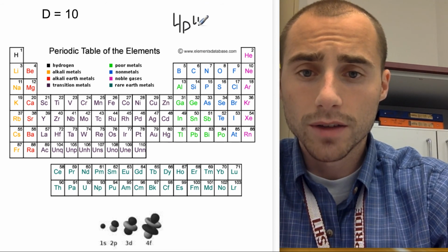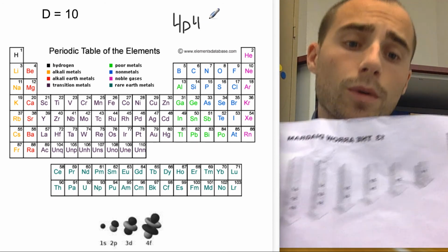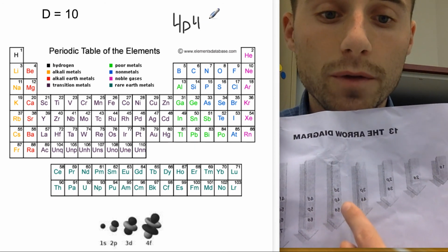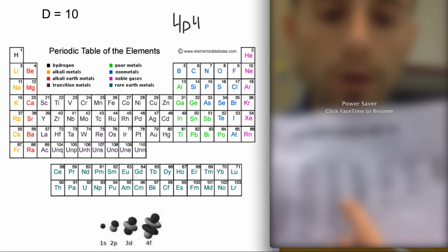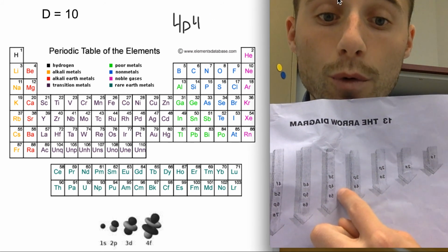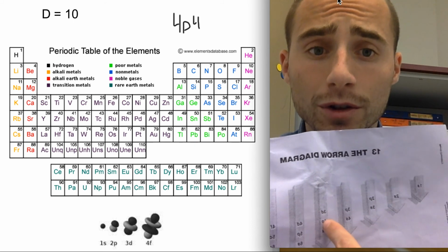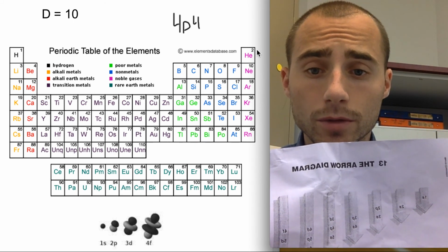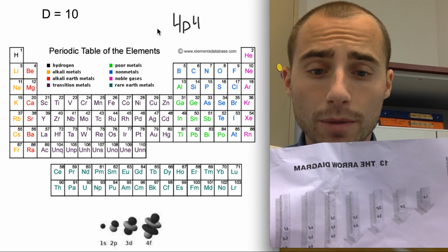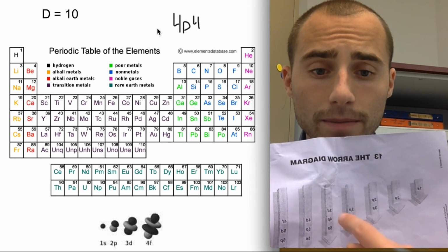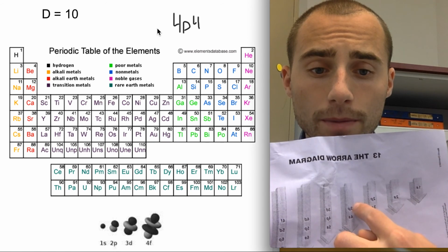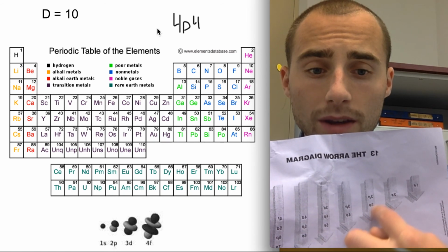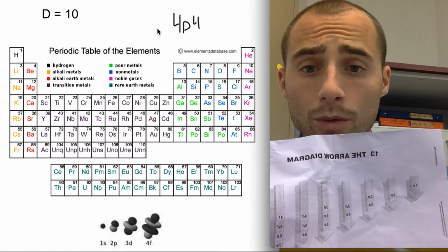And then we can just work our way backwards. If we end up at 4p4, we know that everything that came before 4p has to be filled in. So we have 3d10 right here, that would go right before it. 3d10, then 4s2, 3p6, 3s2, 2p6, 2s2, and 1s2.